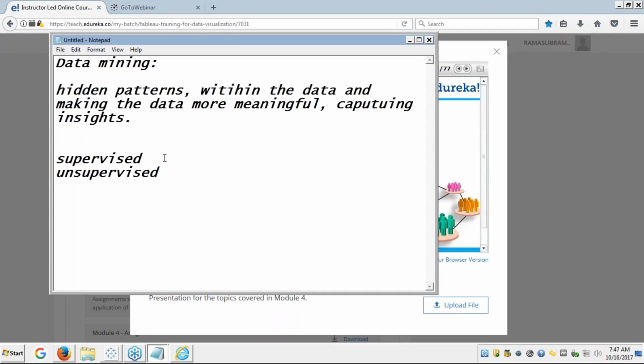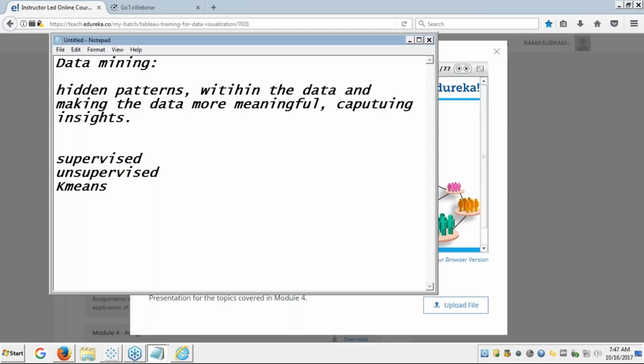In the supervised technique, you have a person to monitor the data mining, how the patterns are working. You have an individual sitting there, and his insights depend on the supervised technique. He validates the model and gives you the results. Unsupervised does it by default. The system itself identifies that.